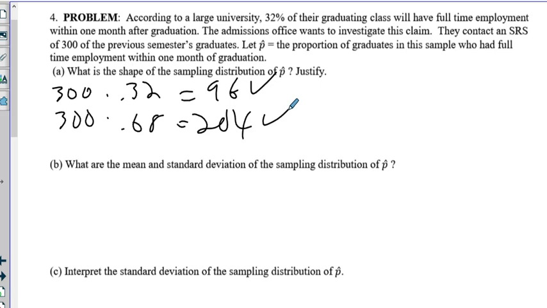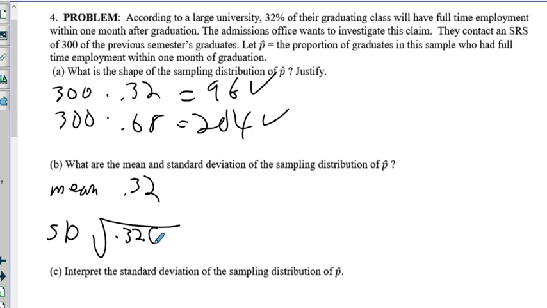What are the mean and standard deviation? Simple enough. The mean is going to be 0.32. And the standard deviation is going to be the square root of 0.32, that's our candy, times our change, which is 0.68, divided by the 300, the number in the simple random sample.